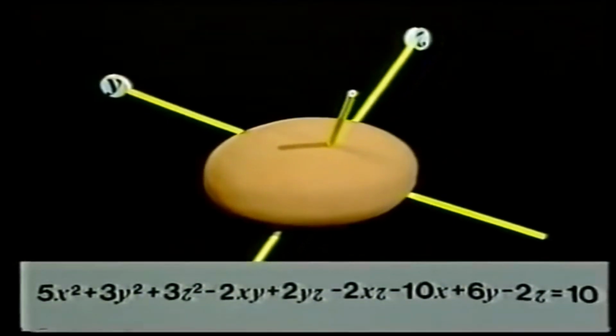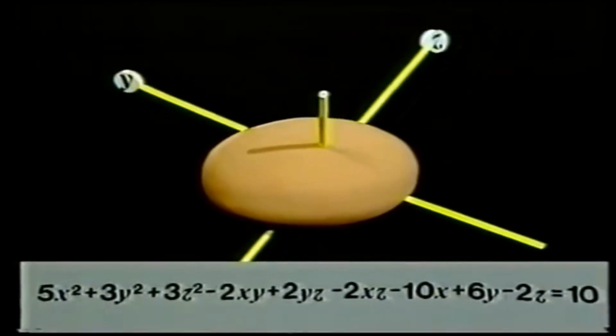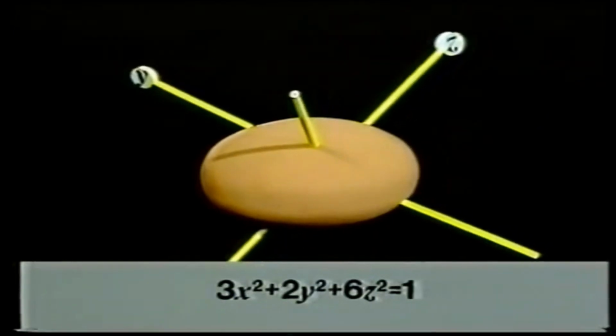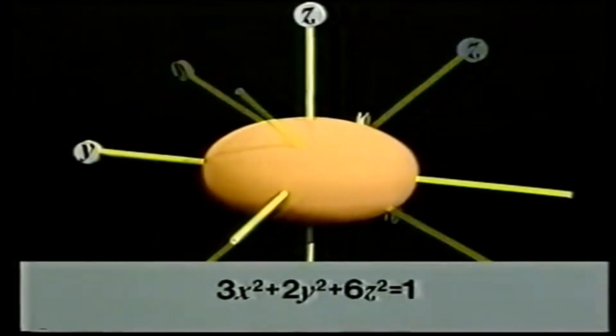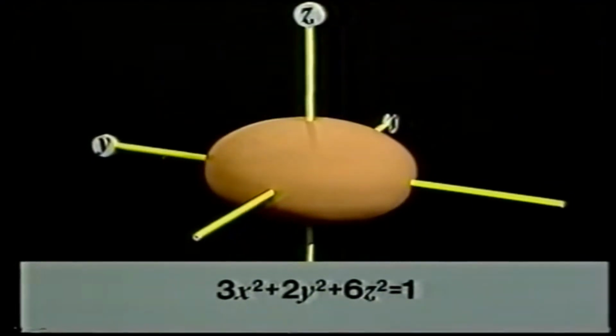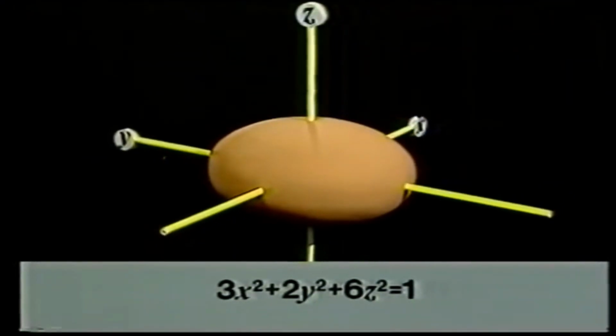Well, the equation can be reduced to this standard form, which is achieved by a suitable isometry to change the axes. Of course, now we'd be working with a new x, y, and z.